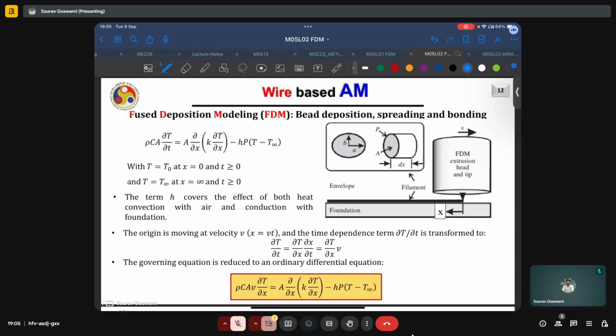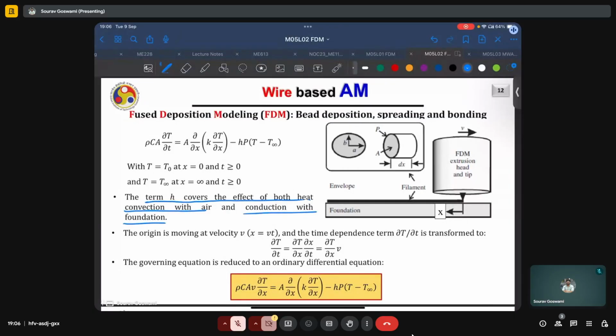And at very far away x, the temperature T equals the ambient temperature for all times greater than or equal to 0. The term h covers the effect of both heat convection with air and conduction with the foundation.